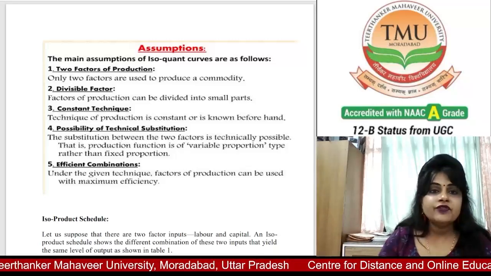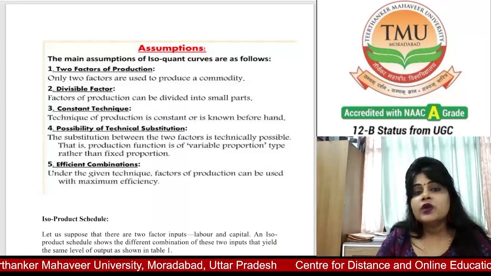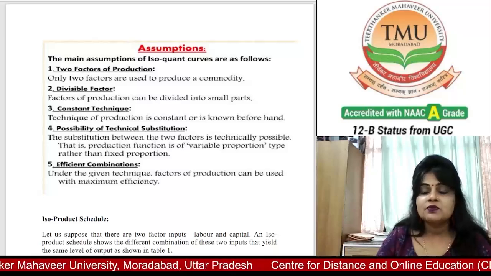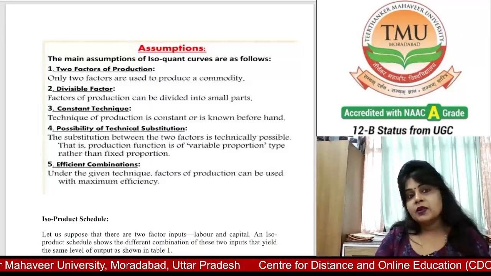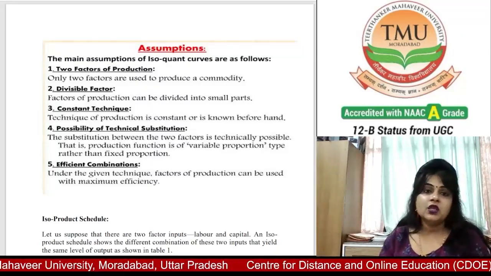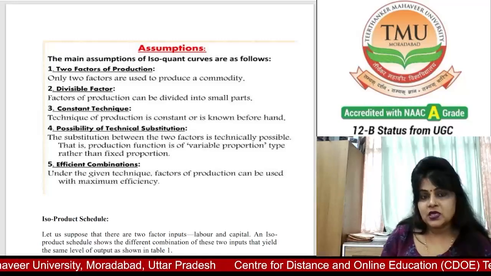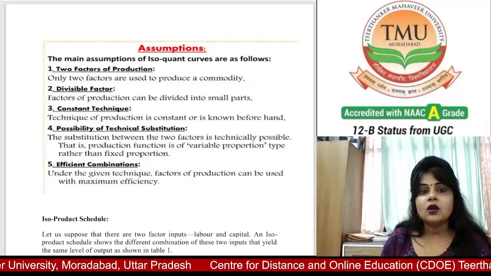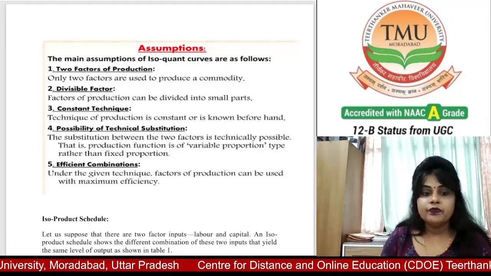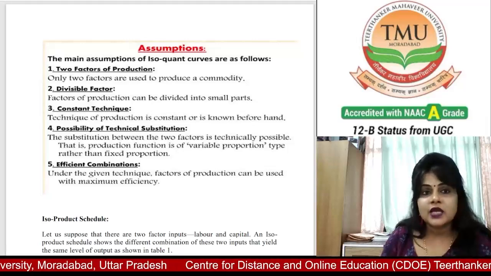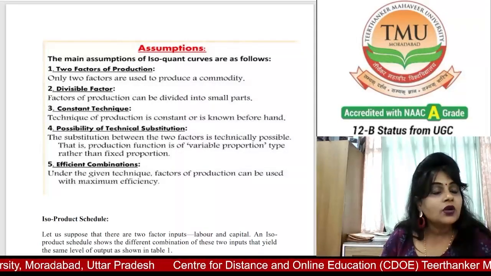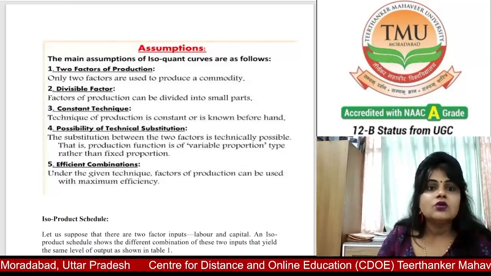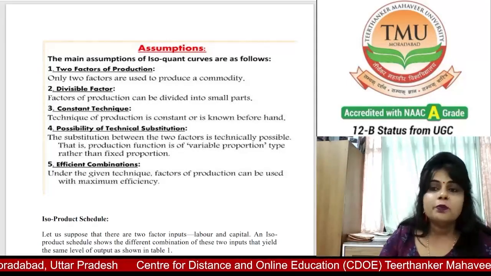Next, efficient combination. Under the given techniques, factors of production can be used with maximum efficiency. The producer should be a skilled person, and he can get a good combination between the two factors, labor and capital, get the maximum level of satisfaction, and also get the same level of production.